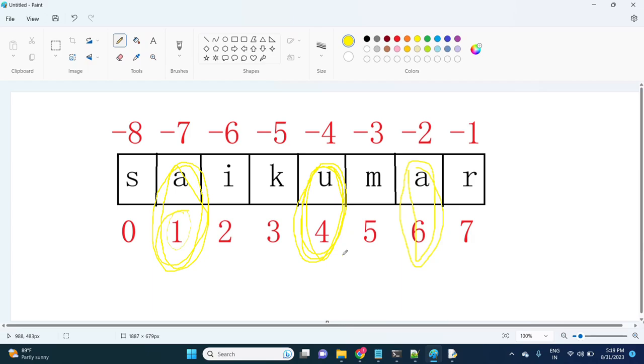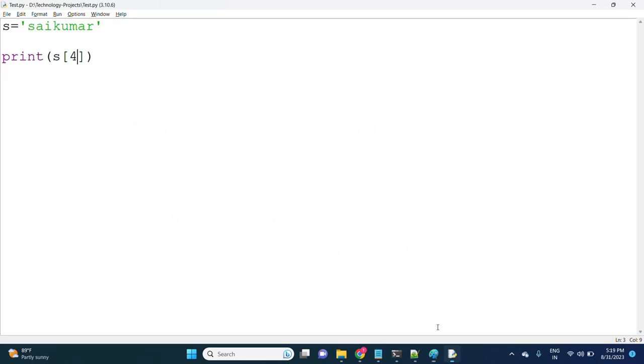Now the next scenario is, positive means we observed all three combinations. Now negative vibes. Negative vibes means print of s of minus 2. I want a negative direction, backward direction.